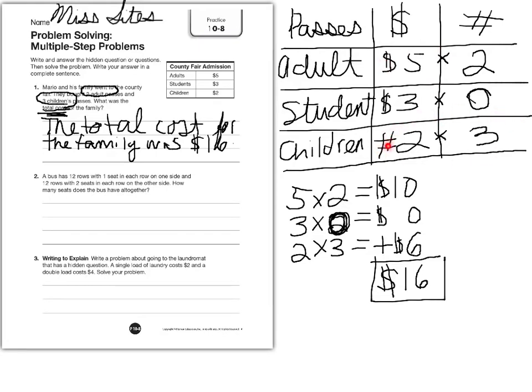So you can add right here that the adult tickets cost them $10, the children's tickets cost them $6, and together that makes 16. So the total cost for the family was $16. And I'm going to add that in the second problem that we do.